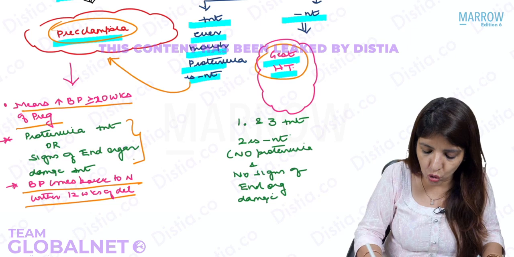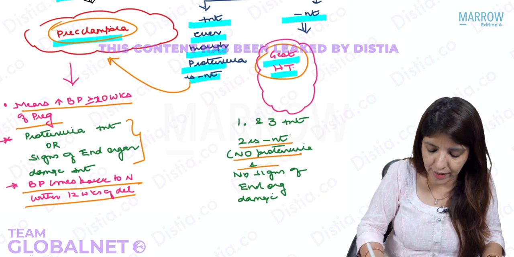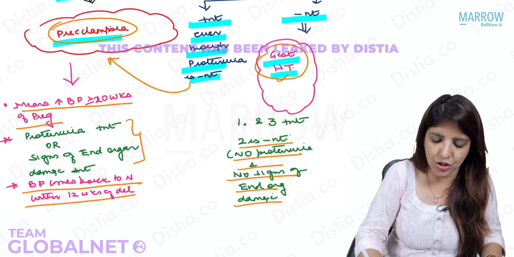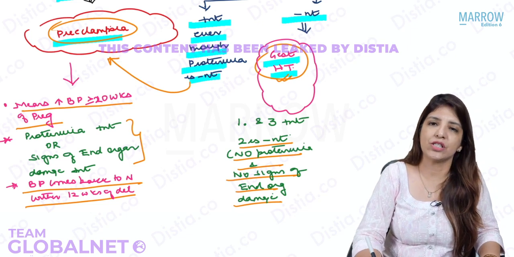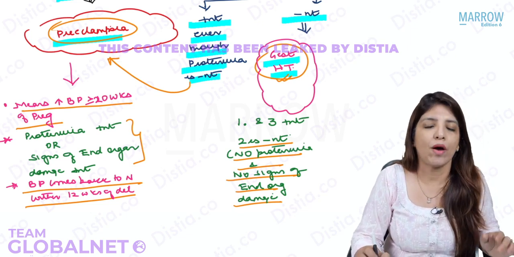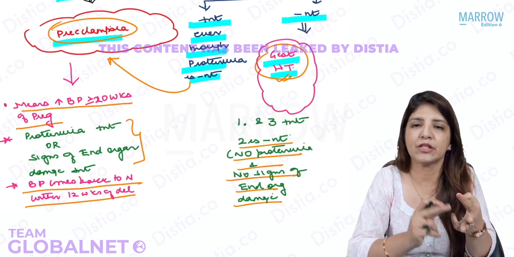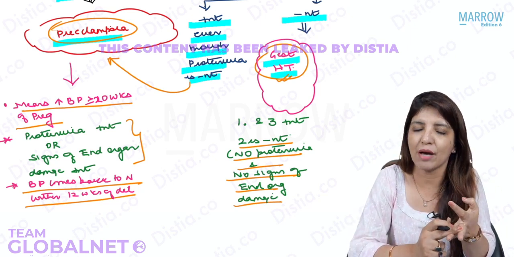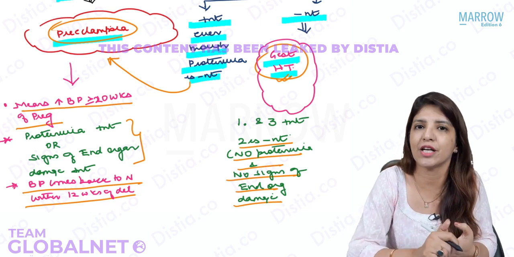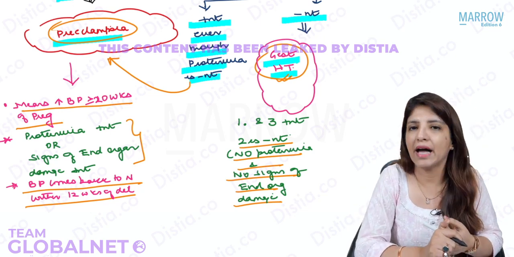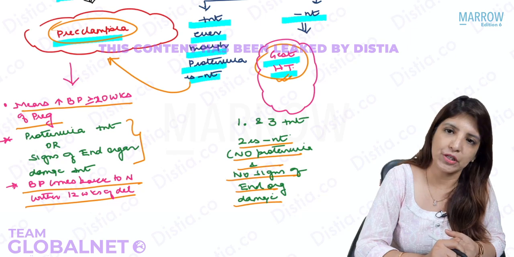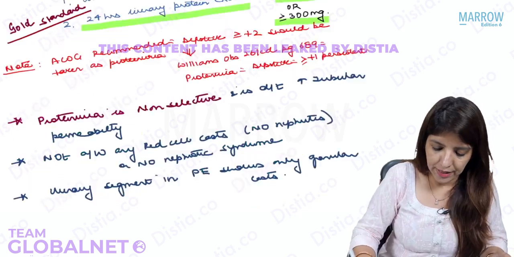Now, if there is no proteinuria and there are no signs of end organ damage, then we say we are dealing with a case of gestational hypertension. So I'm sure by now you've understood three terminologies. You've understood chronic hypertension, you've understood pregnancy-induced hypertension, which further is classified into preeclampsia and gestational hypertension, right?